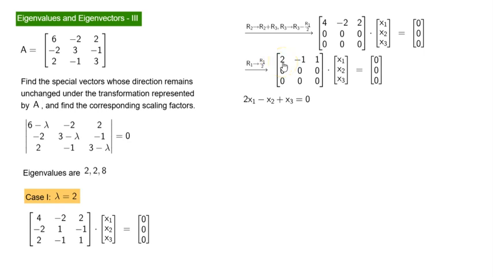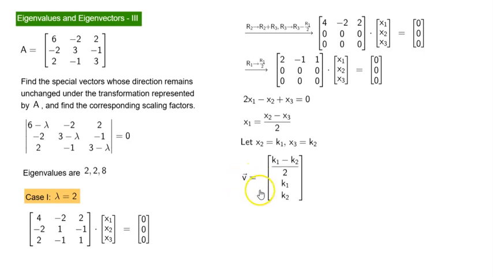We get 2x1 minus x2 plus x3 equal to 0. x1 is equal to x2 minus x3 by 2. Second and third rows are zeros, right? So which means x2 and x3 are free variables. So let x2 equal to k1, x3 equal to k2.